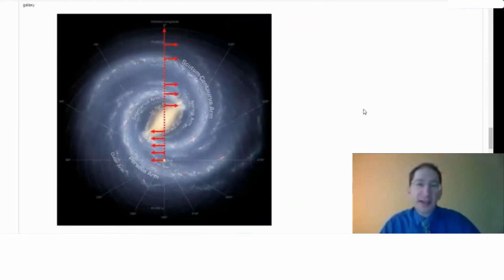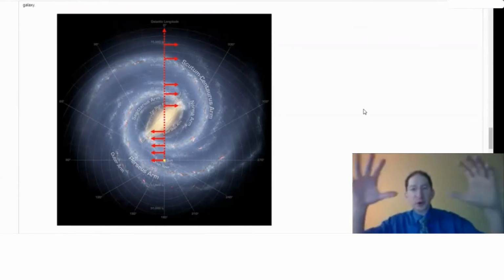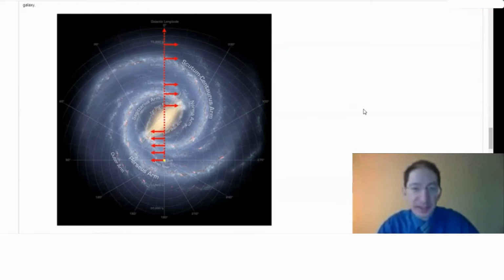For that, consider this top-down map of the Milky Way. Now, we've never been able to send a spacecraft far enough out that we could turn around and take a picture like this. Not by a long shot. These distances are just far too great. So how did we get a picture like this?